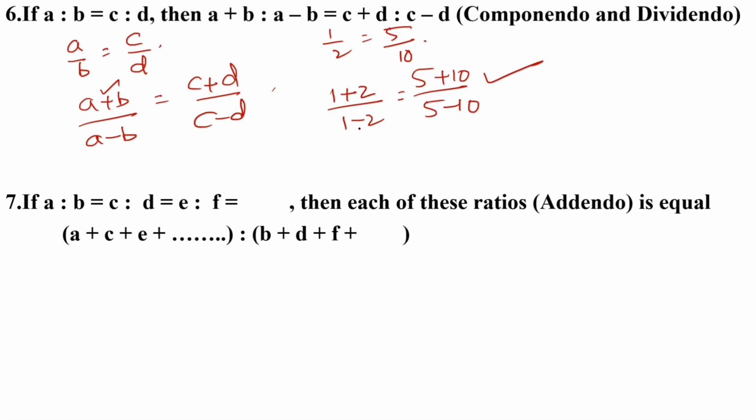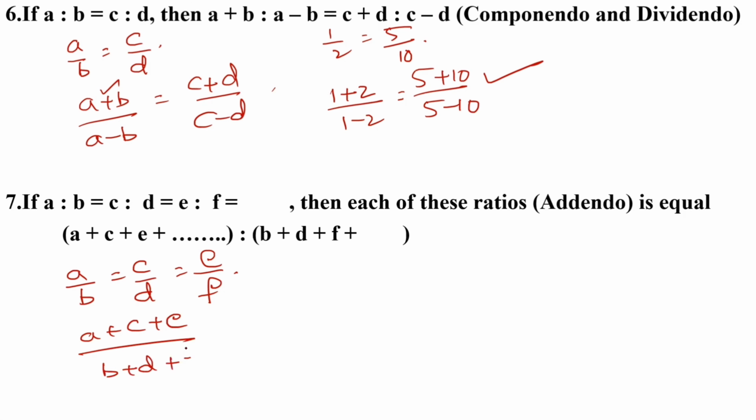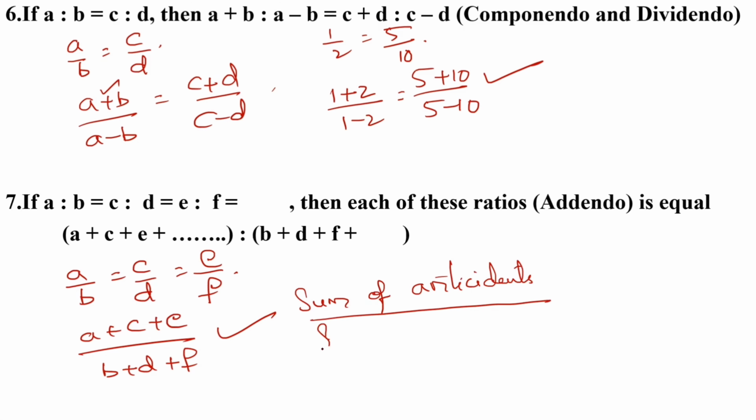Componendo dividendo. A by B is equal to C by D is equal to E by F. Then we will add antecedents, means A plus C plus E by B plus D plus F. So addition, sum of antecedents by sum of consequents.